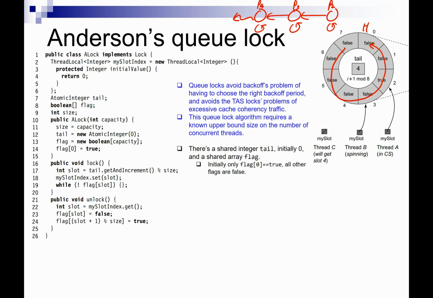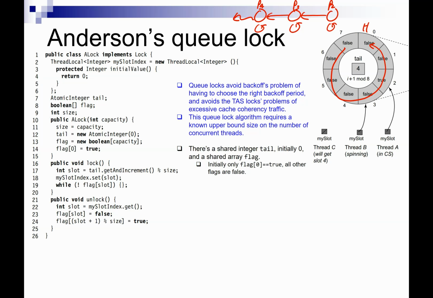It indicates that whoever is at that position can go into the critical section. So all of the threads are competing to get a location in this array. If you get a location and the value in your location is false, then you're not at the head of the queue and you have to wait. But if you get a location and it's true, then you're at the head of the queue and you can go into the critical section.